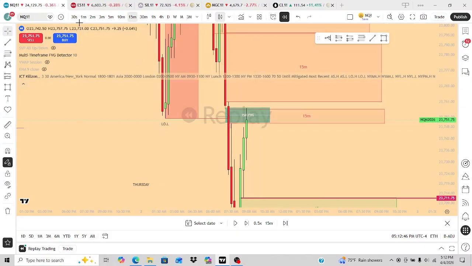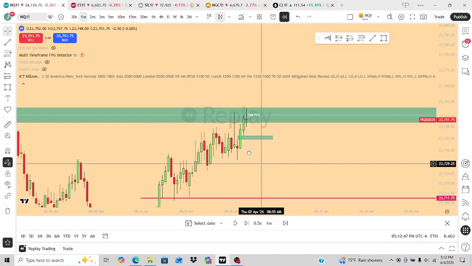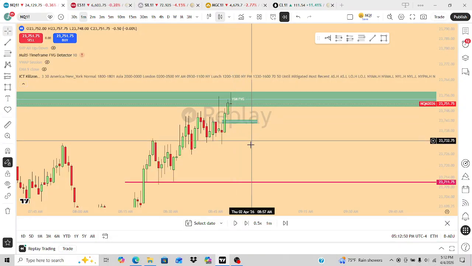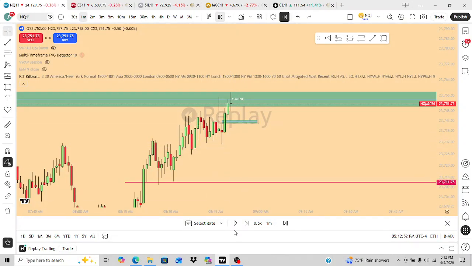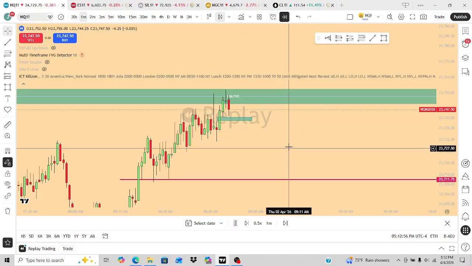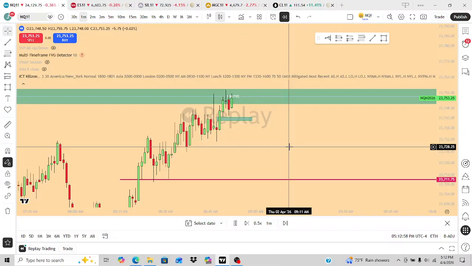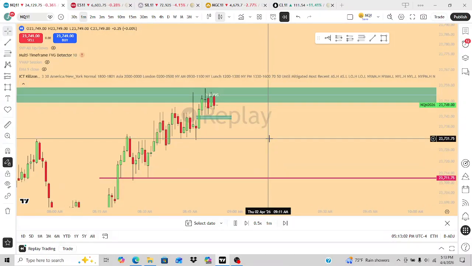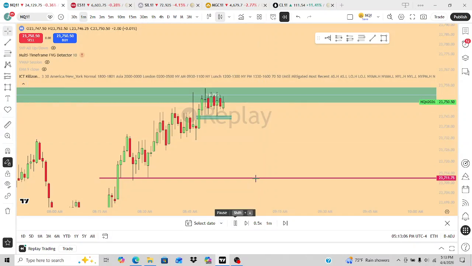So that's what I'm seeing it as right now. And then we're going to look for this fair value gap to get ran through. So you play price forward. Seeing if the 15-minute holds. And then boom.